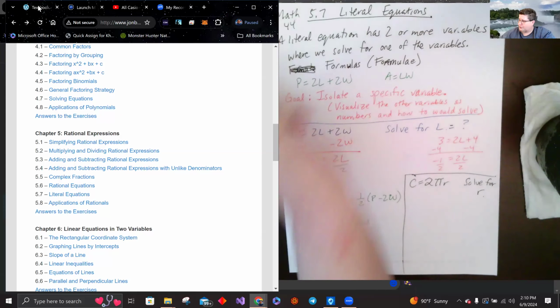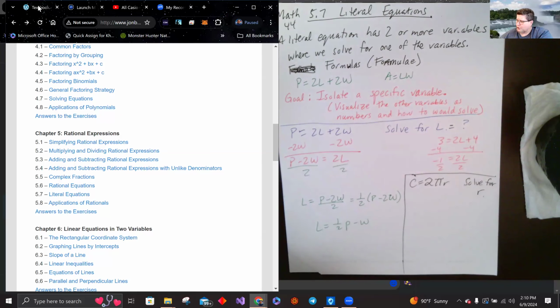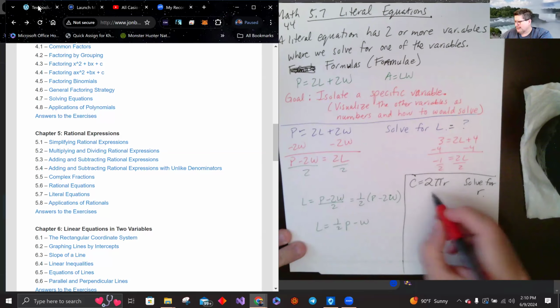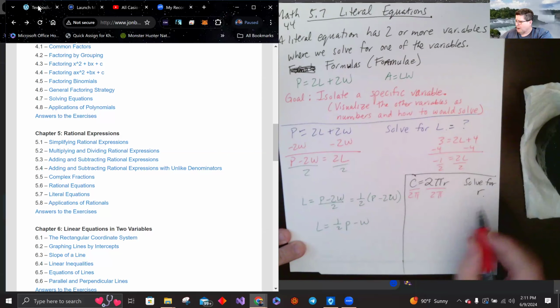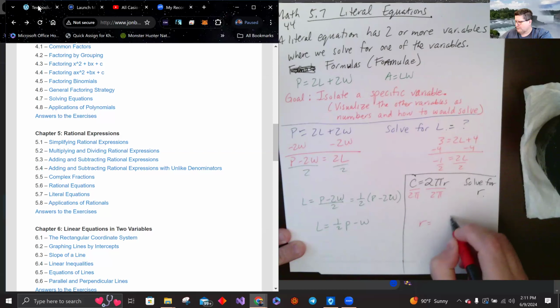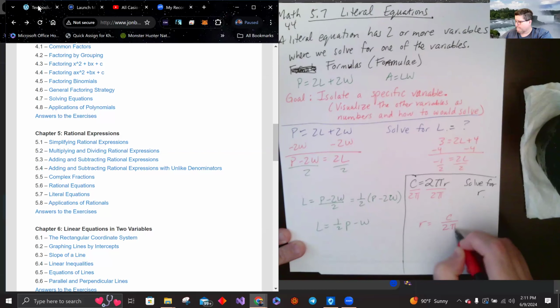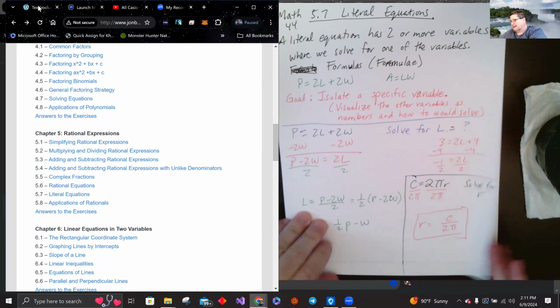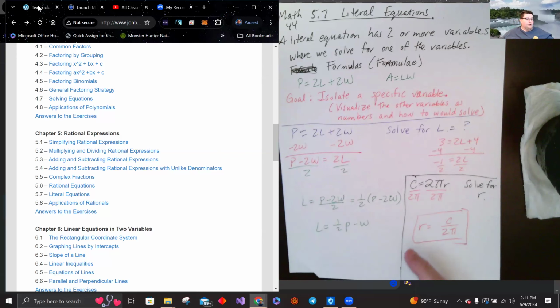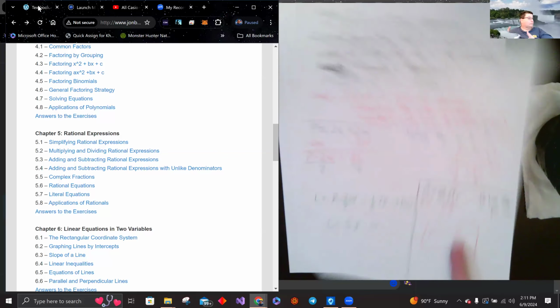All right, I will assume you did it. 2 pi is right now multiplied by r, so we will divide both sides by 2 pi, and we get r equals C over 2 pi. This is about as straightforward as a lecture we can get. You treat the others like numbers.